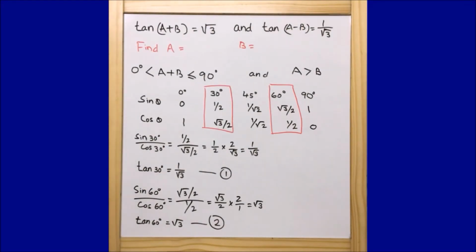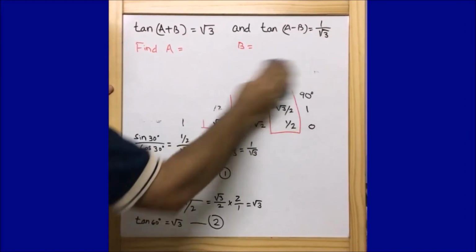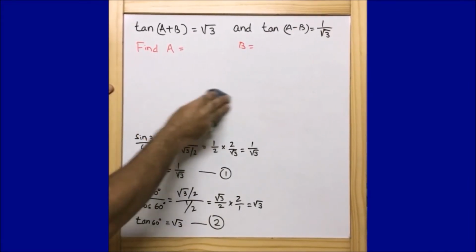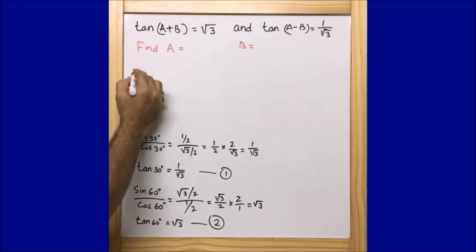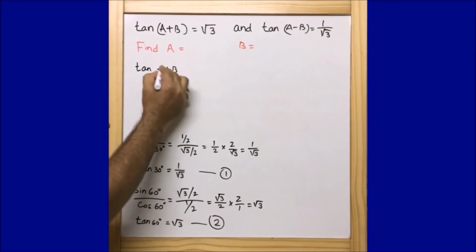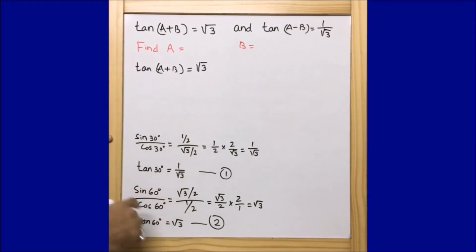Okay, now let us see how we can proceed further and how we are going to solve this equation. Let me rub this till here so that the things will be more clear. Now here we have tan(a+b) is equal to root 3, and we got tan 60 degree is equal to root 3.